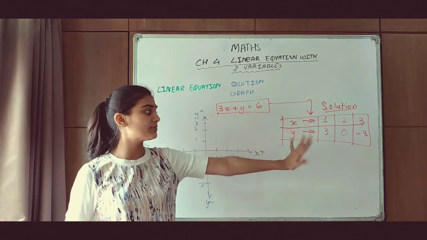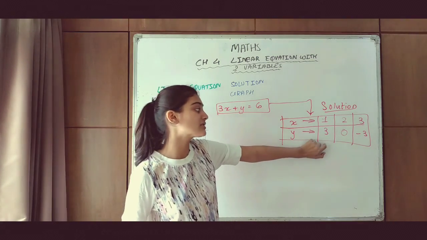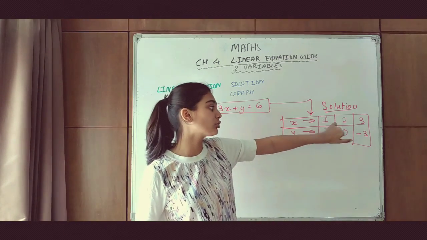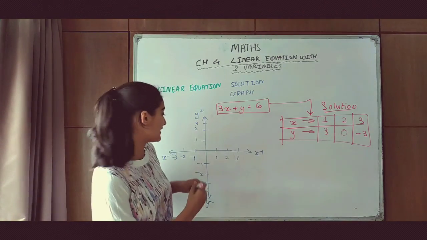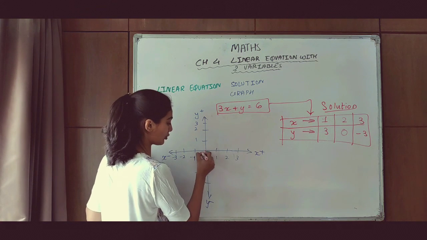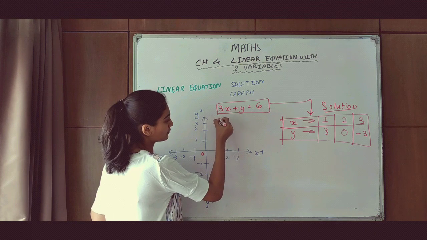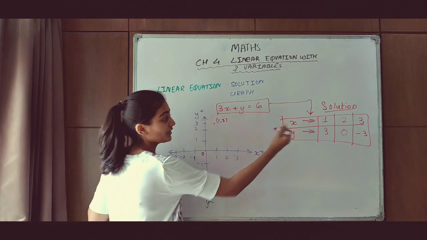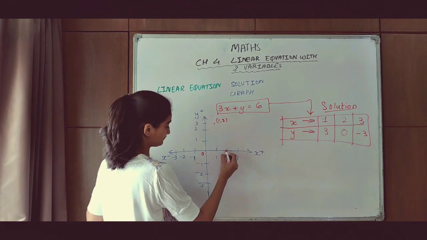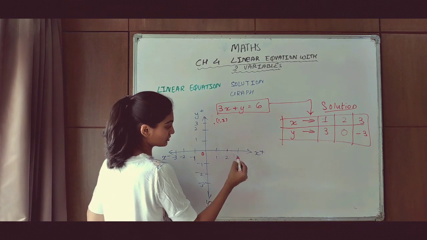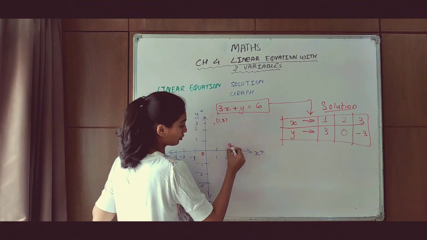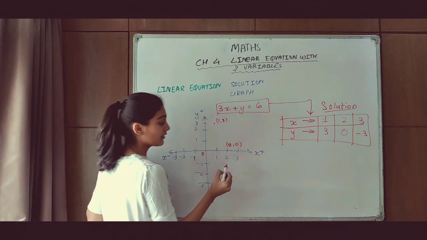Now we know how to plot points, so just by simply plotting points. The first point to be plotted is 1, 3. So where is 1? 1 is over here, this is 0. Okay, 1, 3. So this is our first point. The second point is 2, 0. So this is our 2, 0, the second point.